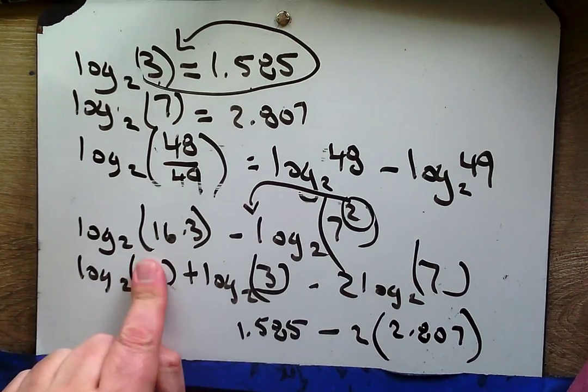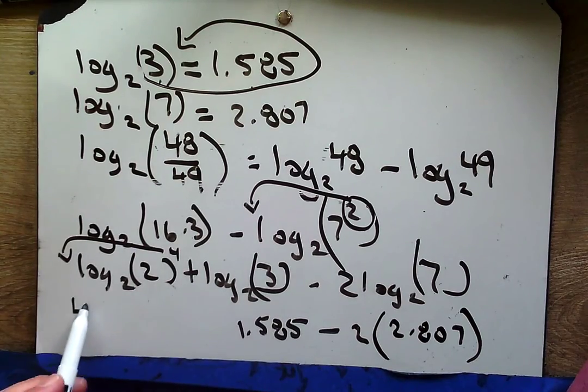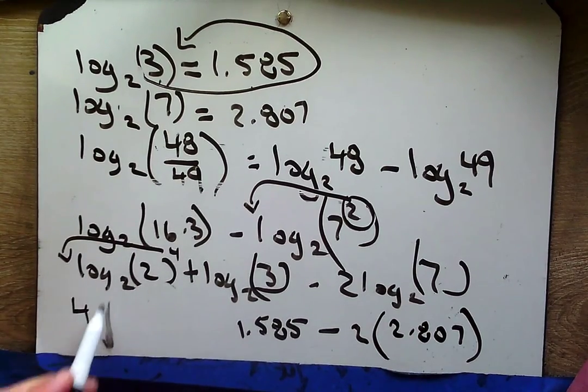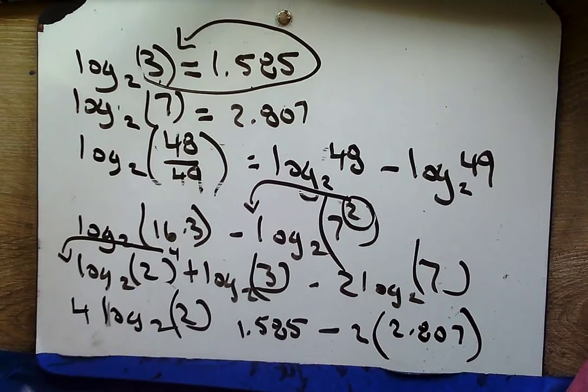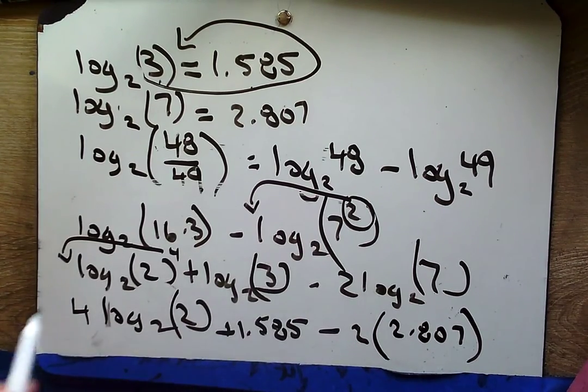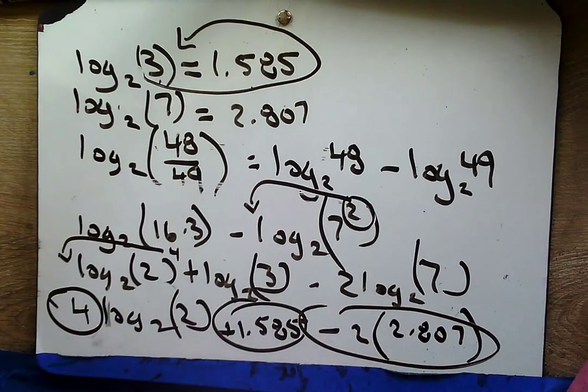But now we've got this. Hey, isn't 16 2 to the 4th? And I can bring that 4 down in front. And what's the log base 2 of 2? That's right, we reviewed it at the beginning of this video. We said log base b of b was 1. 1 times 4 is 4. So I'm going to have 4 plus this minus this.